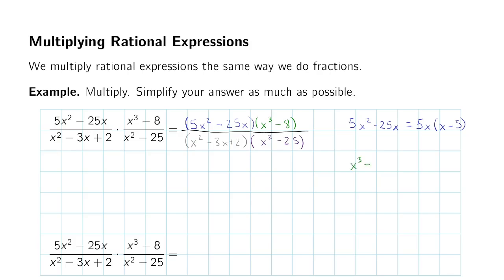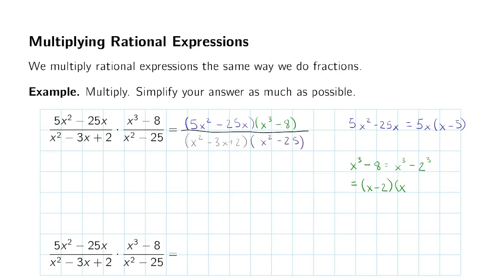X cubed minus 8, that's x cubed minus 2 cubed, a difference of cubes. So that factors. First factor is x minus 2. And then the second factor is every possible combination of two of those.